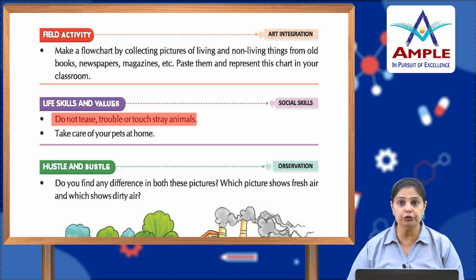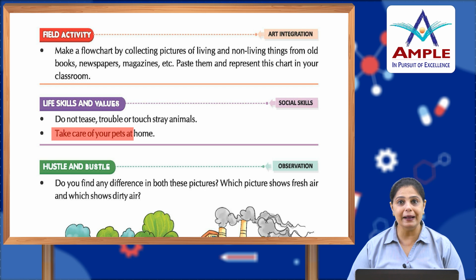Will he do anything to you? No. The dog will not do anything to you unless you force the dog, unless you trigger the dog. That's why always stay away from stray animals. Do not tease them, do not trouble them, do not touch them. Let them be on their own.